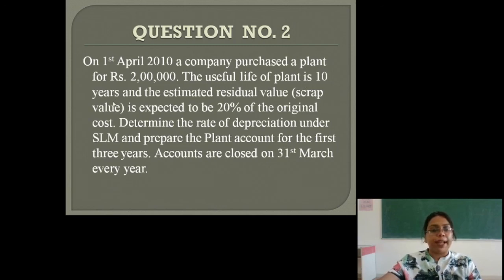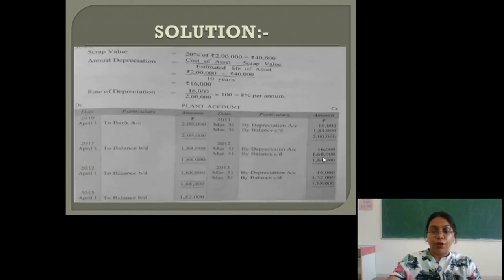The useful life of the plant is 10 years. So the annual depreciation will be 2 lakh minus 40,000 divided by 10 years, that is 16,000. Again, you can calculate the rate of depreciation with the same formula that we have discussed in the previous question. Now we will prepare a plant account with the same format, date, particular, amount, credit and debit.